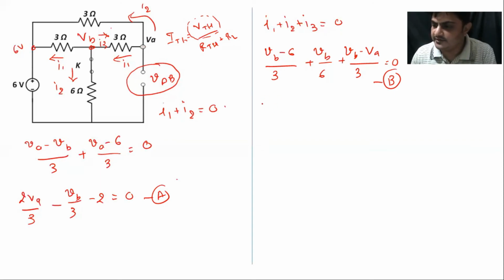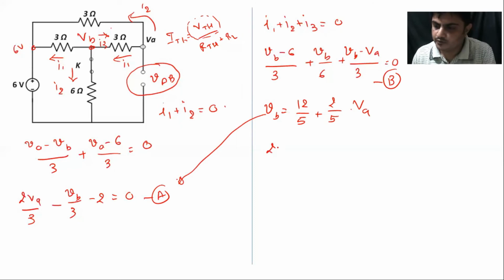So I will get VB in terms of VA. Let me write down directly, VB is equal to 12 by 5 plus 2 by 5 VA. Now I will put this value of VB in this particular equation.